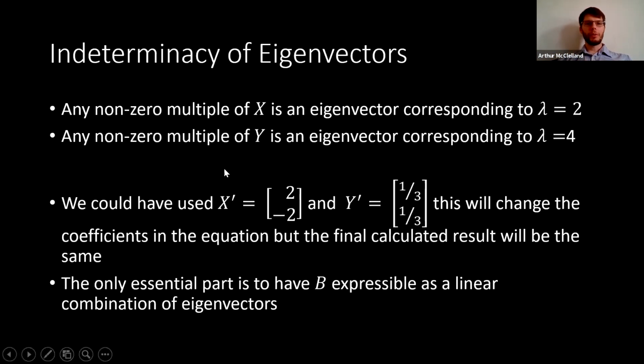So we could have made an eigenvector x prime with 2 and -2, or y prime as 1/3 and 1/3. This will change the coefficients in the equation, but the final calculated result will be exactly the same. The essential part of solving that was that we could take that vector B and express it as a linear combination of eigenvectors. Once we could do that, we could turn the crank on the math and solve this.